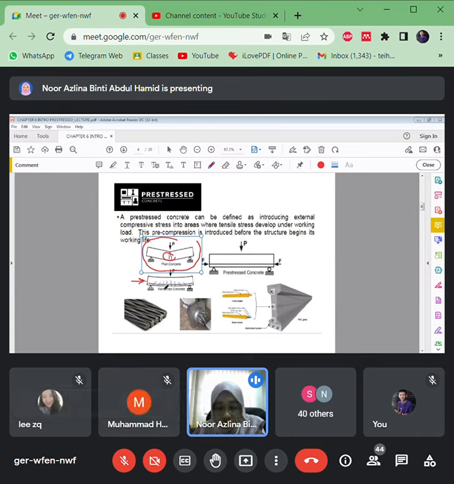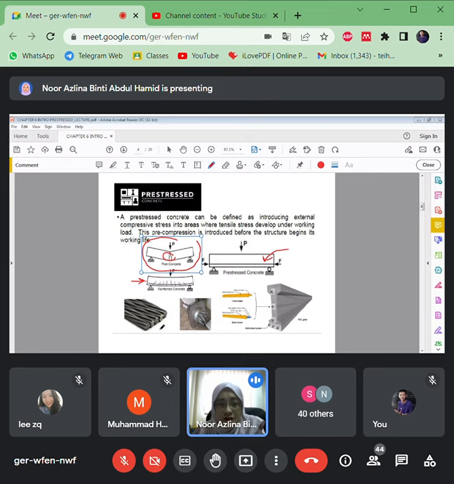And this will lead to other problems, like what I mentioned about corrosion during its serviceability, working life, and so on. So in order to reduce this crack problem, we have to fight the cracks. That's why pre-stressed concrete was introduced, where we apply stress, we apply compression to the concrete.